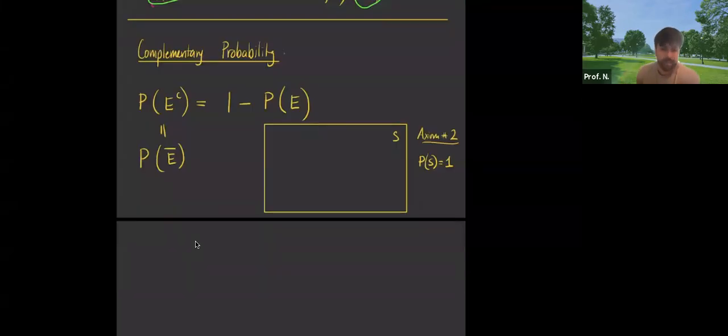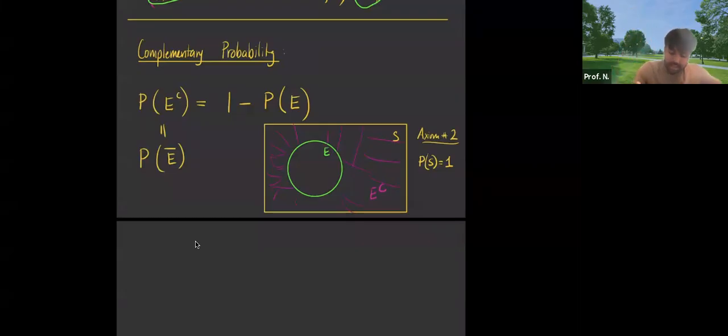So it's 1. And what we do is we call E a subset. It's a set within a set. So E is something inside of S. It's a collection of events inside of S. So this is E. Everything that's not in E is considered to be the complement of E, which is E with the little c, right?